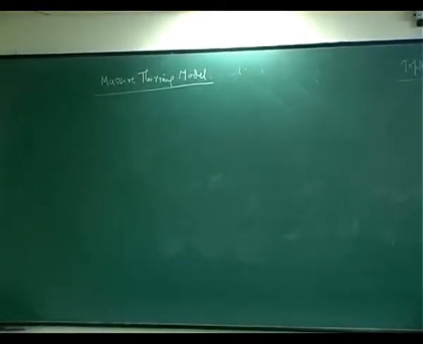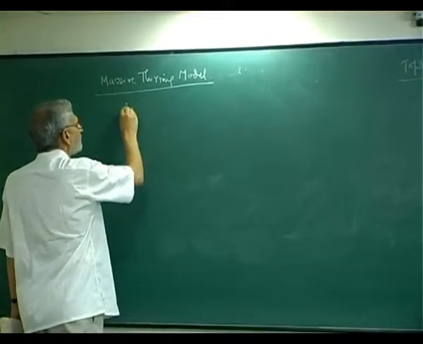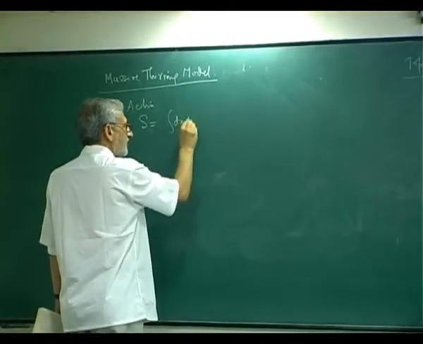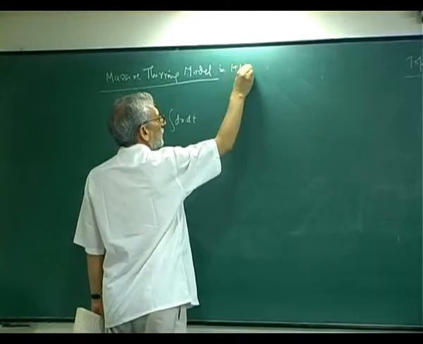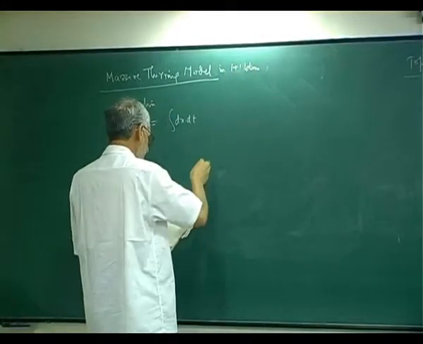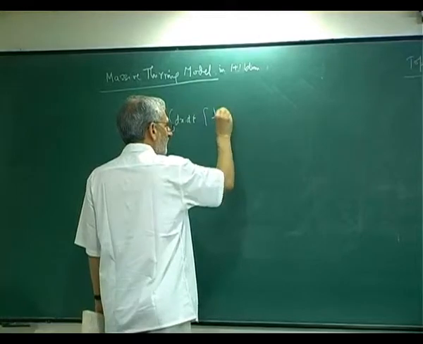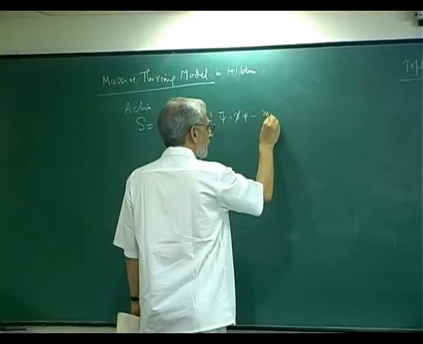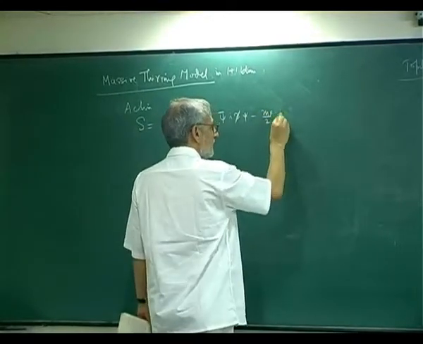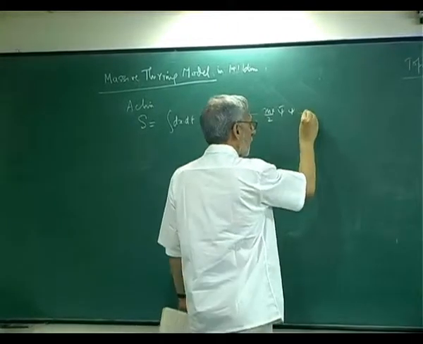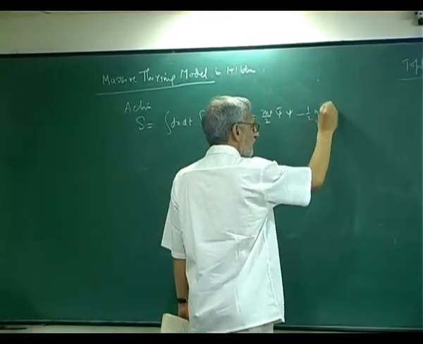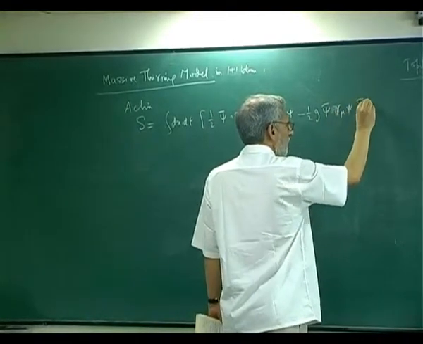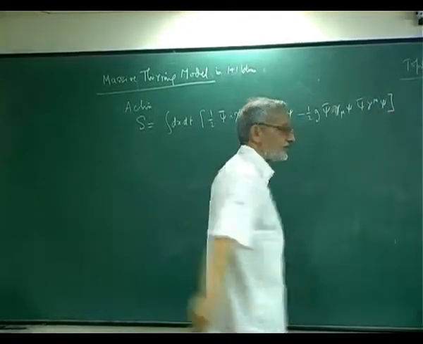It's a model of fermions with action, integral dx dt in 1 plus 1 dimension, half psi bar i d slash psi minus mf, fermion mass, by 2 psi bar psi, minus half g, psi bar gamma mu psi, psi bar gamma mu psi.